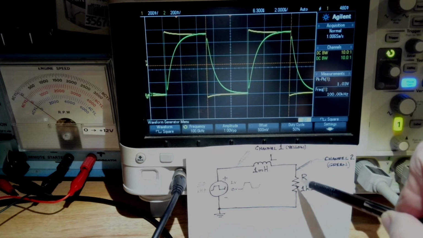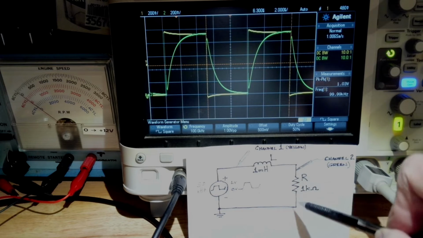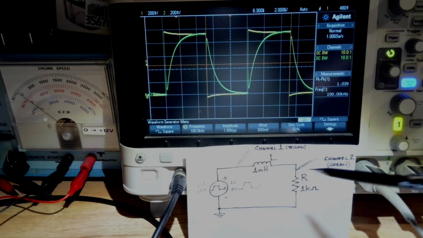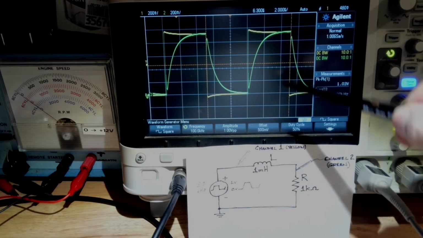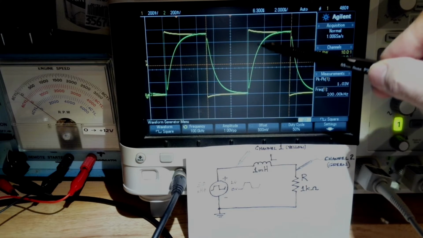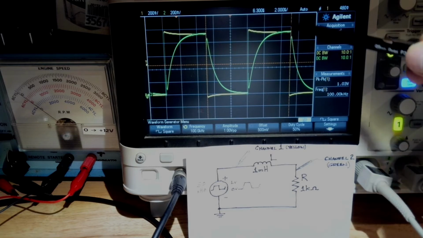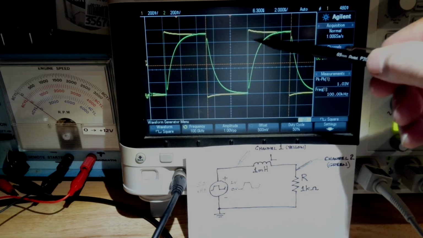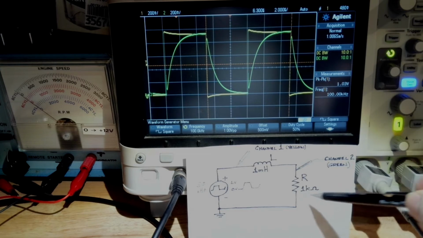Well, the resistance doesn't change, so if the current changes, the voltage will change with the current. It's direct proportion, V equals IR. So this green waveform up here is a voltage waveform, but it's giving us an indication of what the current waveform is like. And we can take this voltage at any point, divide it by 1 k ohm, and we'll get the current.